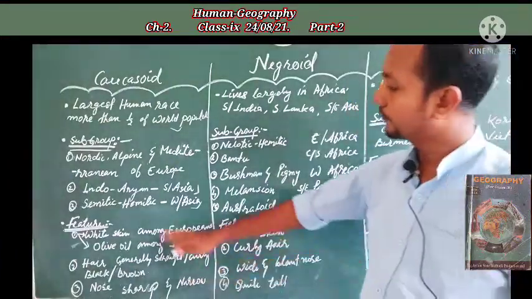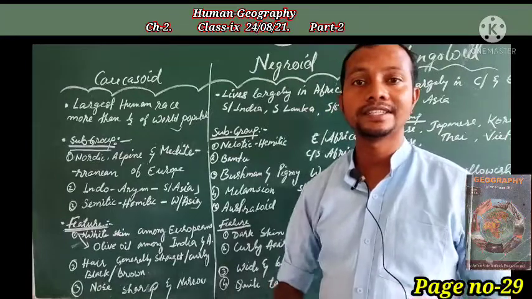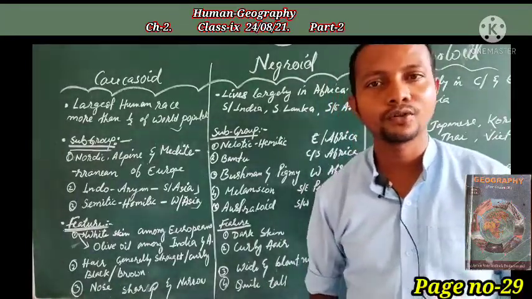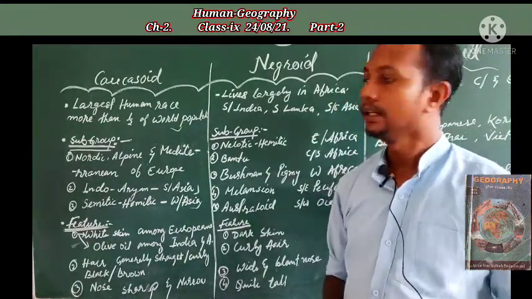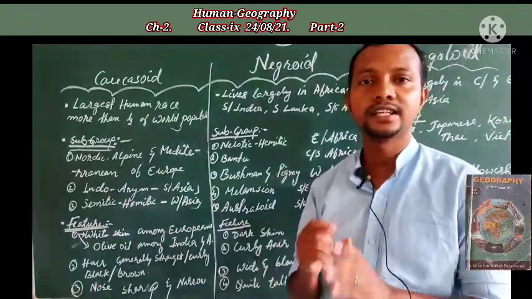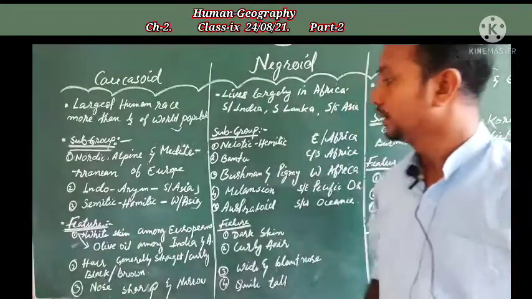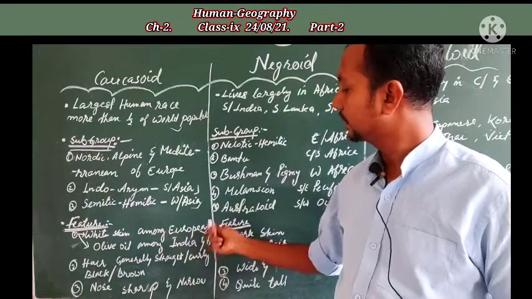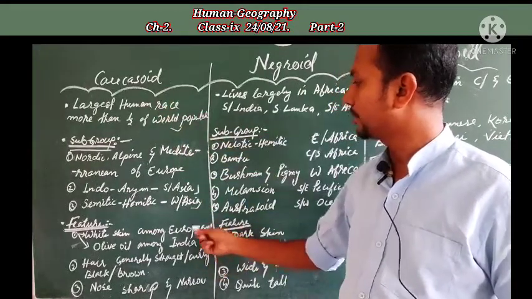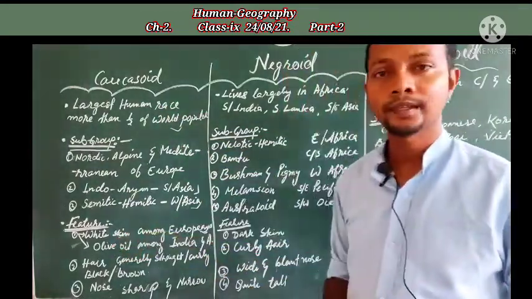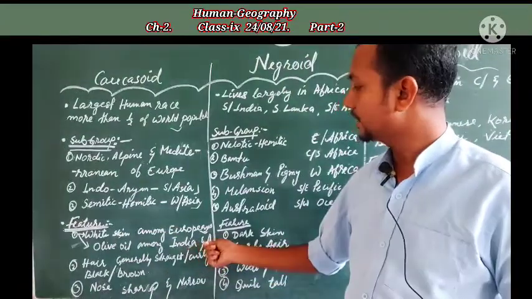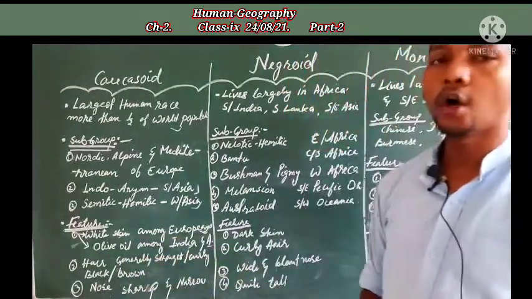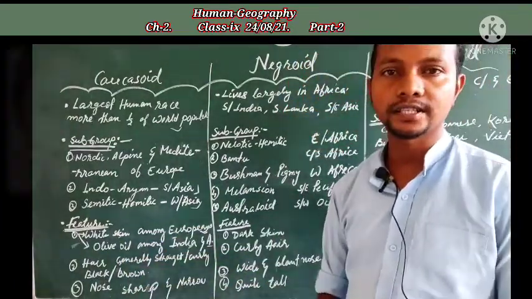And if we look into the features of these groups, the physical structure, you remember in the previous class we were talking about morphological characteristics. So morphologically, physically they are different in their structure. Among the Europeans, this particular group of people will have white skin. But in the case of Indians and Asia, people will have an olive-oil-like skin color.